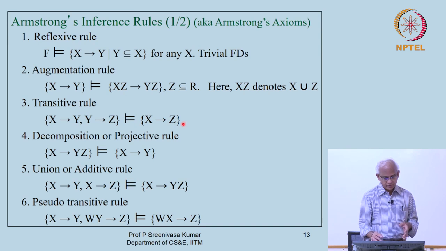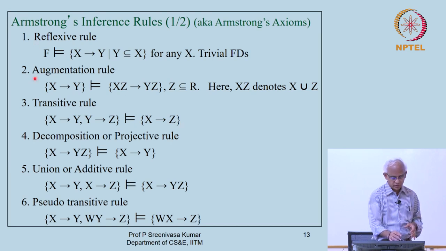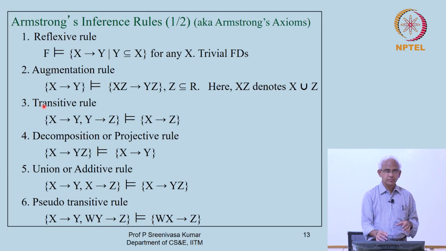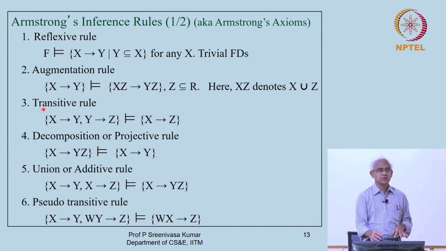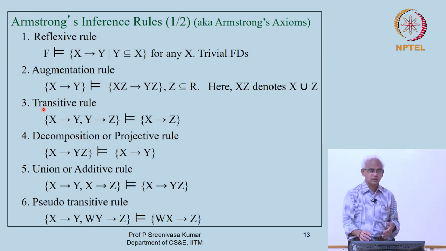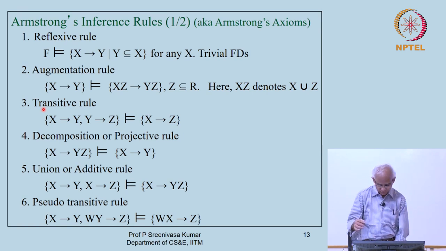What we actually find interesting about this whole thing is that these first 3 rules, RAT, are in fact necessary and also sufficient to get hold of all the functional dependencies that logically hold on a given set of functional dependencies. In order to get hold of F plus, this reflexive rule, augmentation rule, and transitive rule are necessary and sufficient. We will elaborate on that statement.